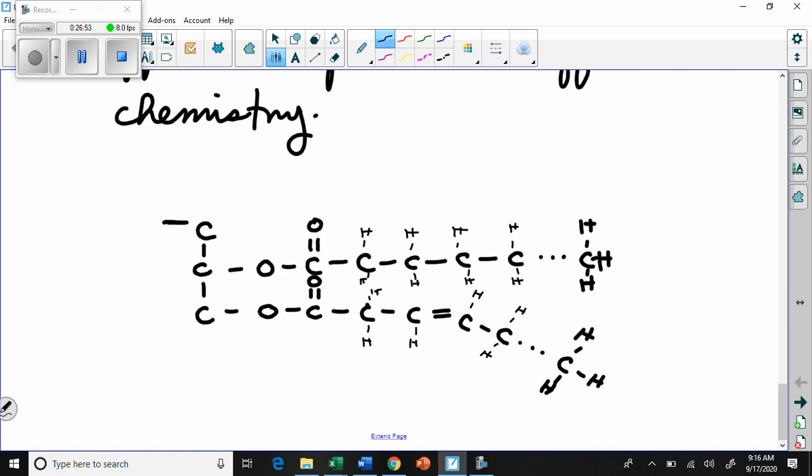It attaches to a phosphate. So let's put that on here. And it attaches with an O here, like this.